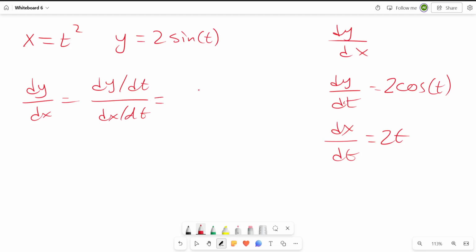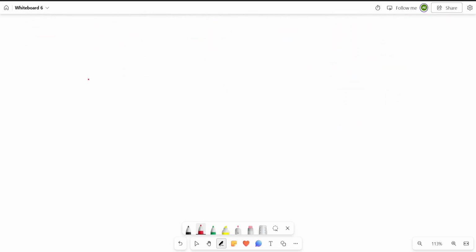So my answer is going to be 2 cosine of t over 2t. I can cancel the 2, so it's going to be cosine of t over t, and this is going to be my answer.